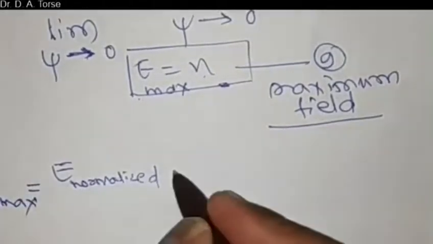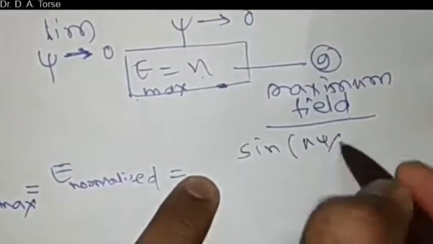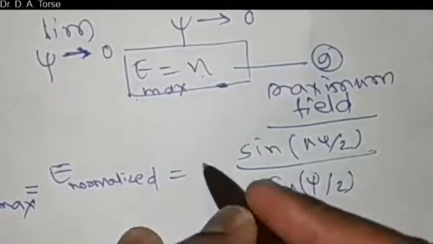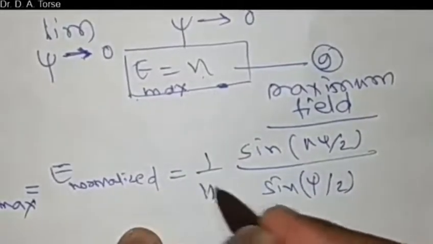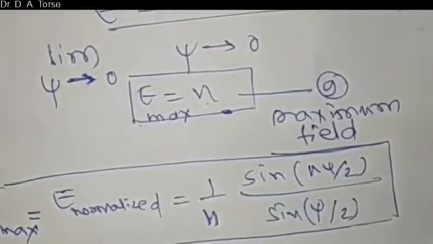It is the term sine n psi by 2 divided by sine psi by 2, and the whole divided by n. So it is 1 upon n. So this is called the expression for array factor.